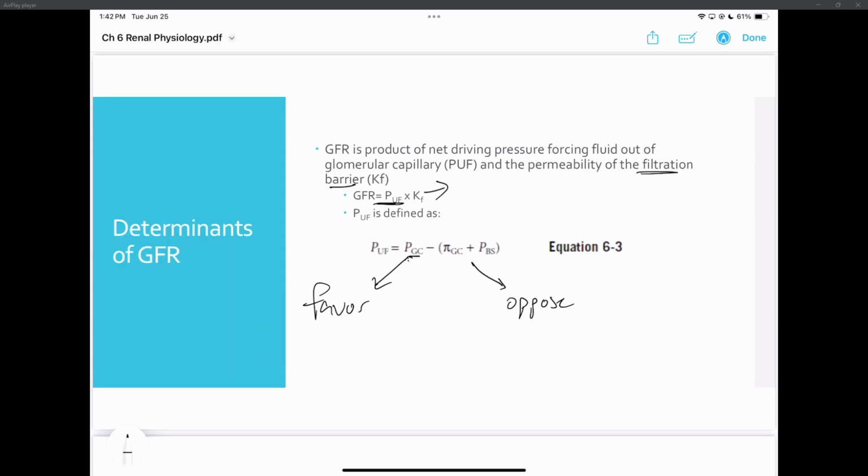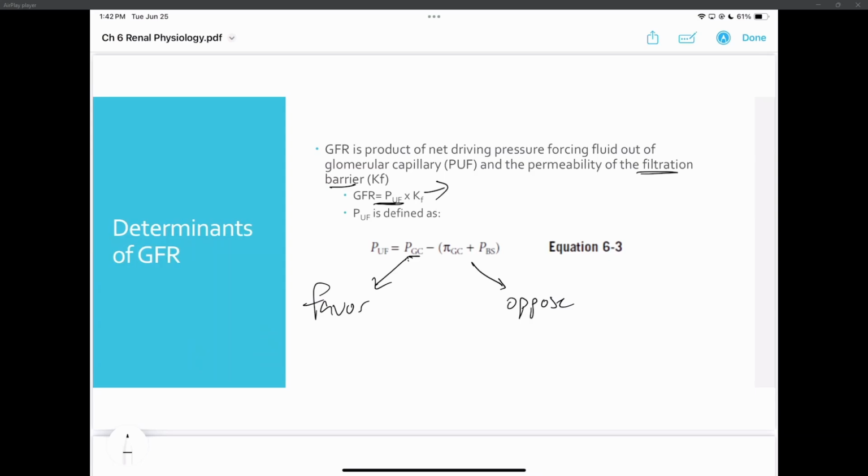We subtract from that the forces that oppose filtration. Ones that oppose filtration are high oncotic pressures in the glomerular capillary. The higher oncotic pressure in the glomerular capillary opposes filtration because it applies a huge suck.